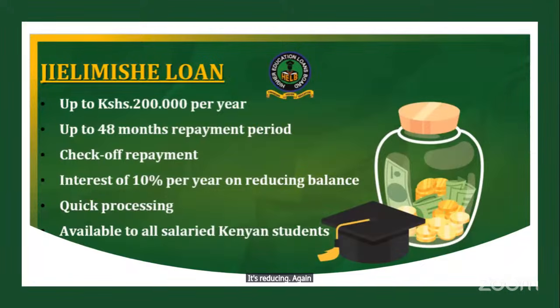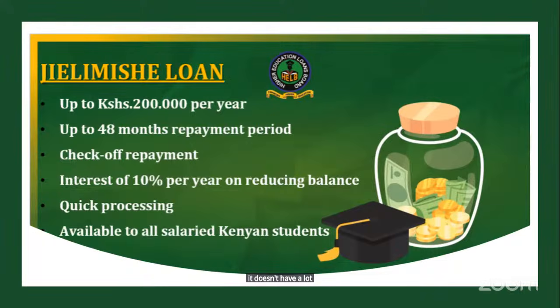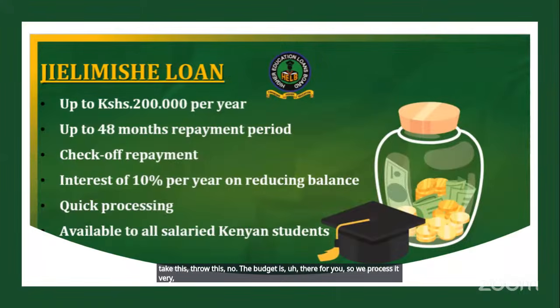Again, we process this one very, very fast. It doesn't have a lot of interference on budget, reduce this, add this, take this, throw this. No, the budget is there for you. So we process it very, very fast. As I told you, this is a HELB initiative from the company.